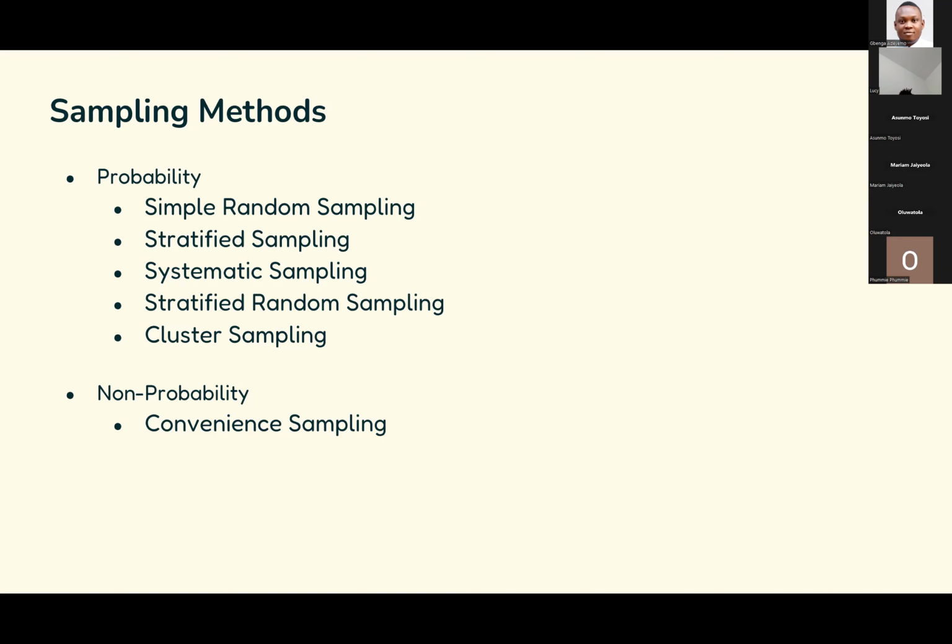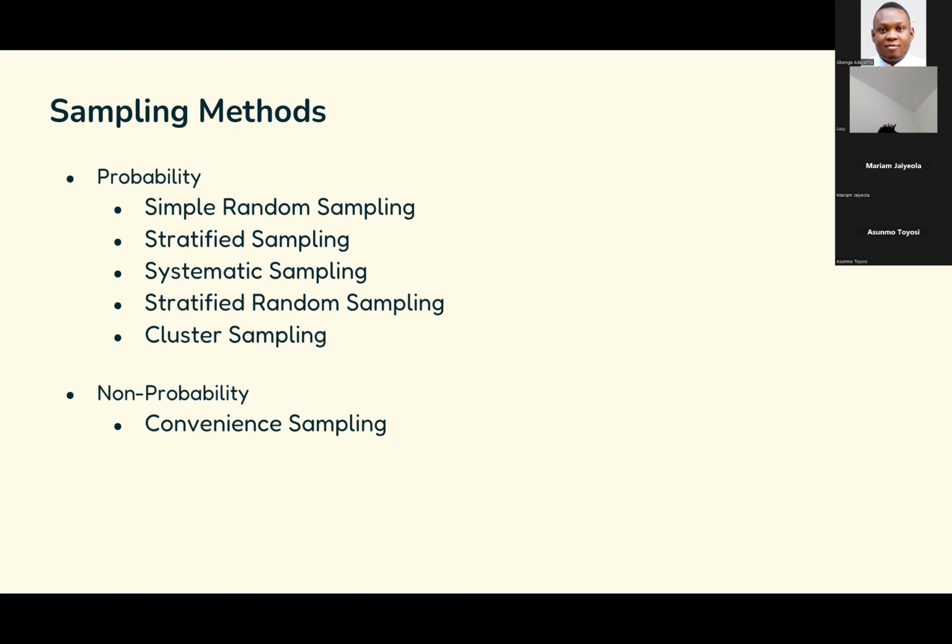So each state can serve as a stratum. You want to pick this number from Oyo State, and this number from Lagos State. Those states are the strata in your population, and you give each state an equal chance of being in your data. That's stratified sampling. The population that you have will determine the sampling method you are going to implement.